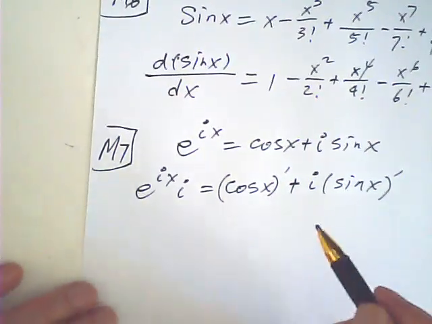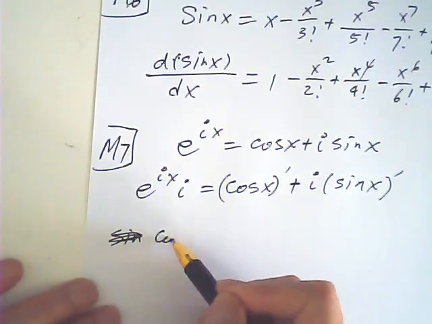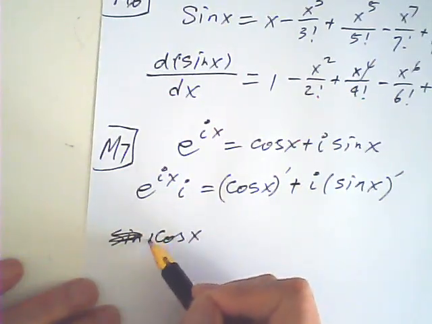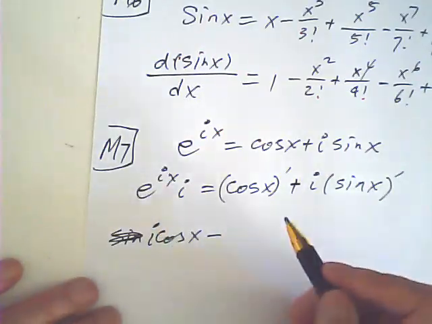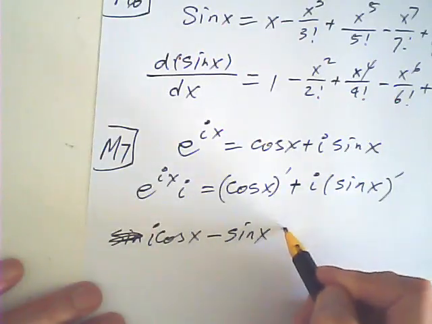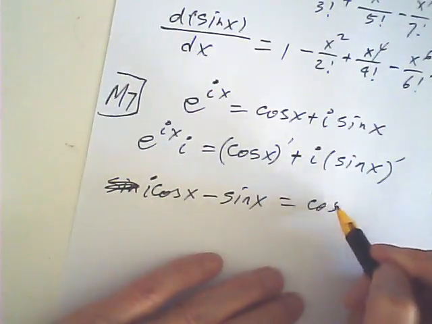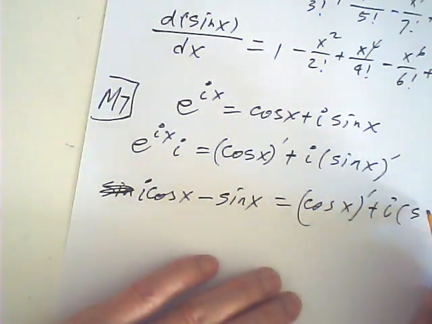So the left-hand side is equal to i times cosine x, and i times i is negative, so negative sine x plus i cosine x.